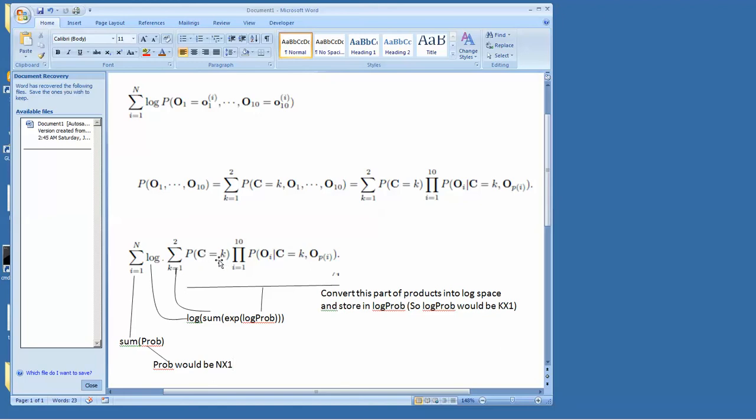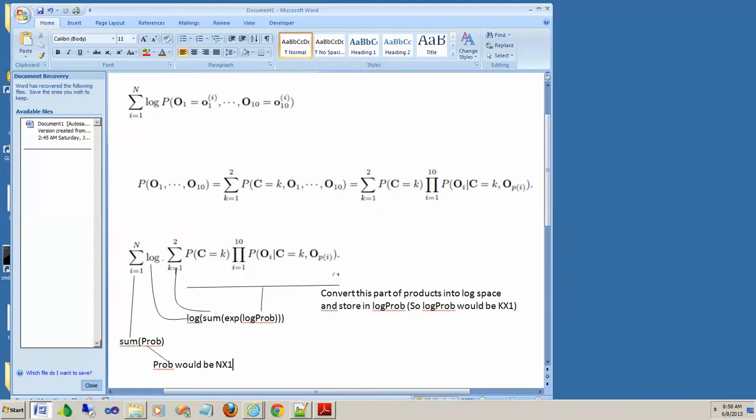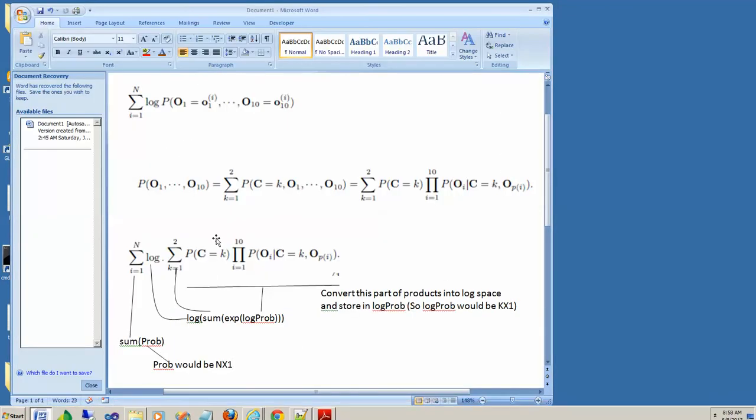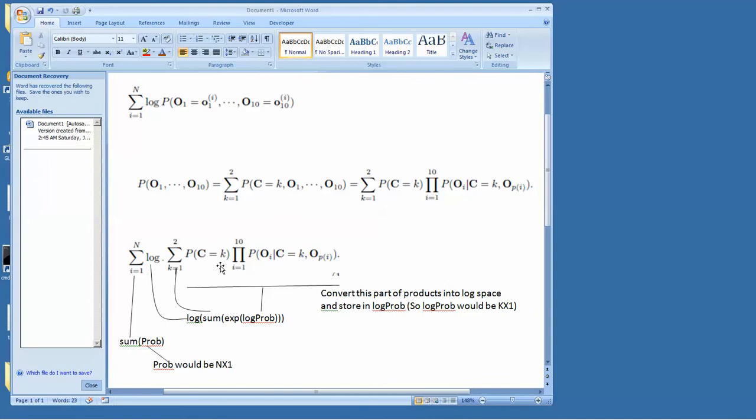I think I have to go and refer to what that means, but one is obviously for alien, the other for human beings. As you go through each class, what do you have to do for each class? Then you have to loop over all the body parts, for i equals 1 to 10.